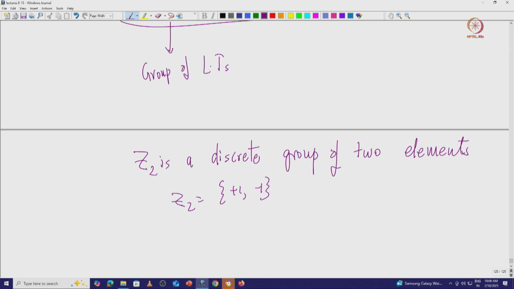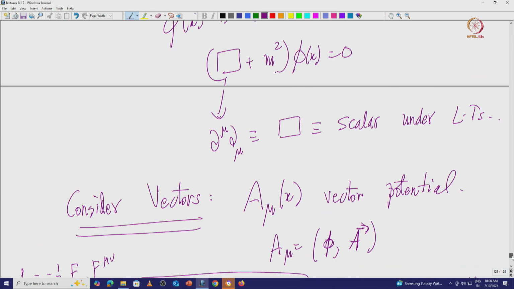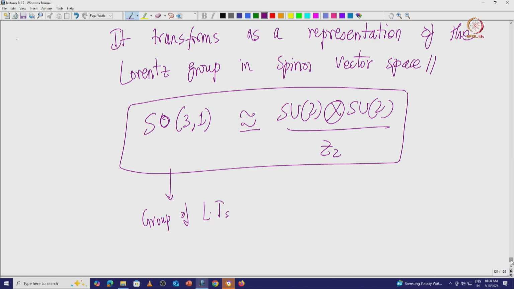So what does this Z2 modding tell you? It tells you that the representations of this particular direct product have to be modded by Z2. That means they have to be separated by the imposition of this particular discrete group. Okay, now we don't have to go into all the technical details.